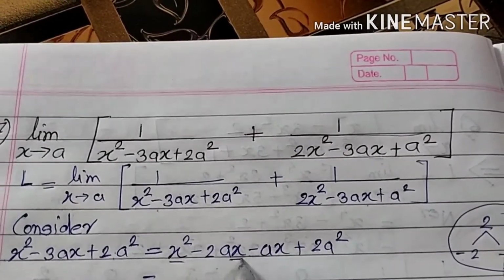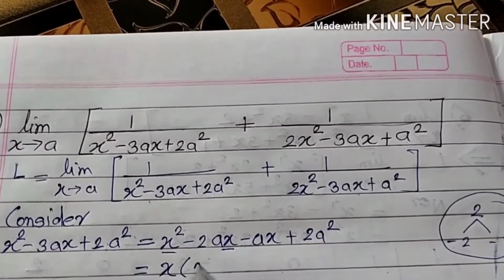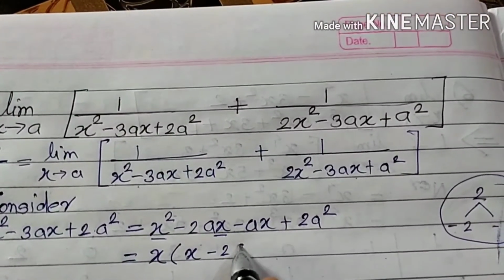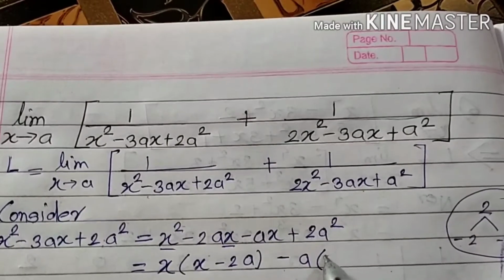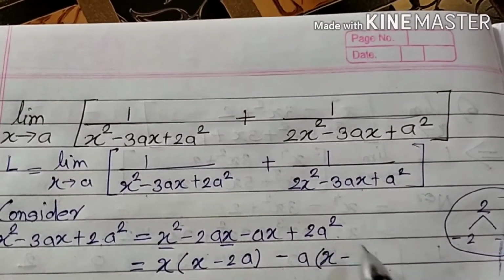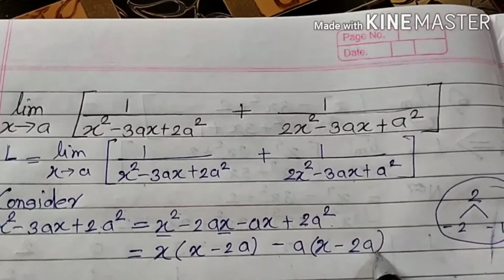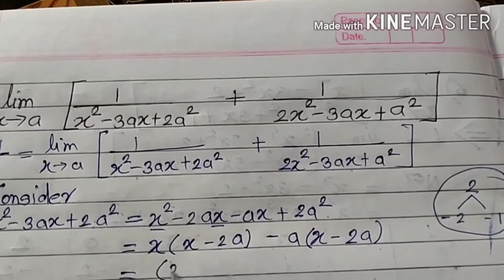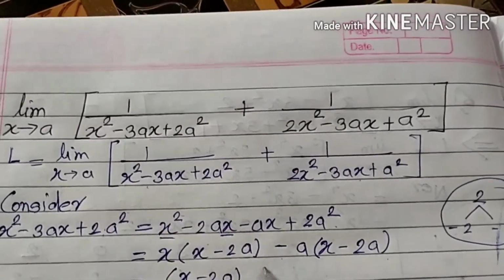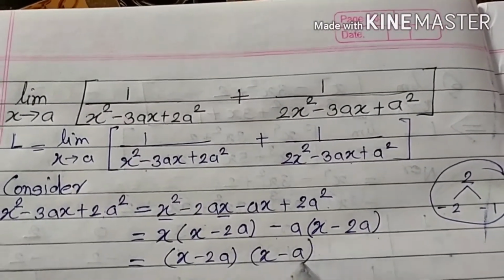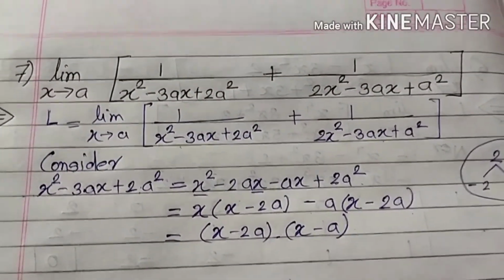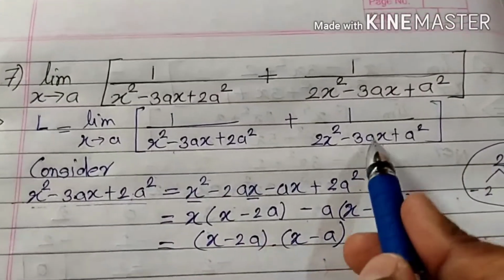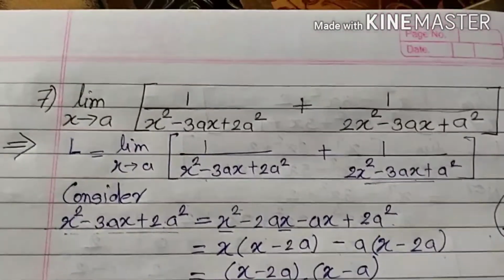Then take x common, so x minus 2a. Here minus a is common, so x minus 2a. Now this is x minus 2a and this is x minus a. So here we get the factors of this expression. Now we have to find this also.